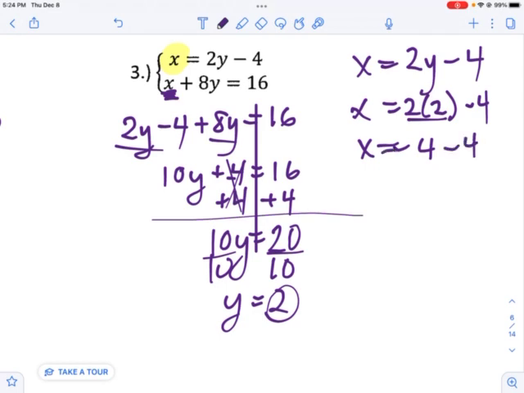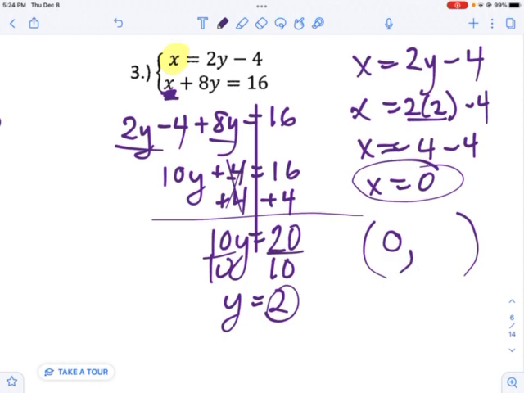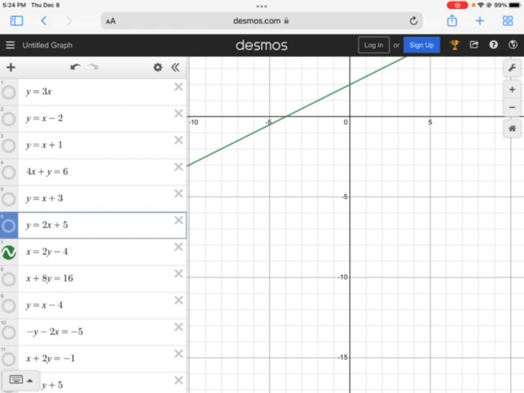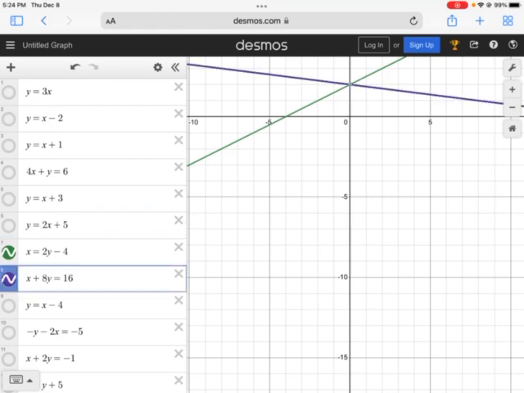You finally solve for your x, that's a 0, and your y value is 2. Be very careful, again, writing your ordered pair. Let's check these two. And I should have 0, 2 as my solution. All right, at number 4, we have 3 more like this and 2 more word problems.